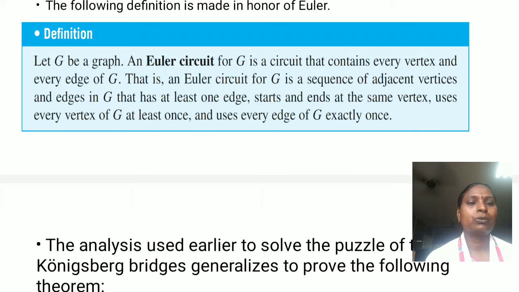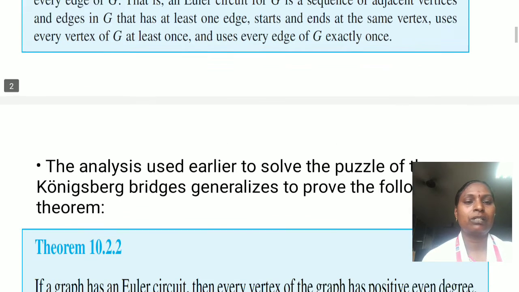An Euler circuit for G is a circuit that contains every vertex and every edge of G. That is, an Euler circuit for G is a sequence of adjacent vertices and edges in G that has at least one edge, starts and ends at the same vertex, uses every vertex of G at least once, and uses every edge of G exactly once.